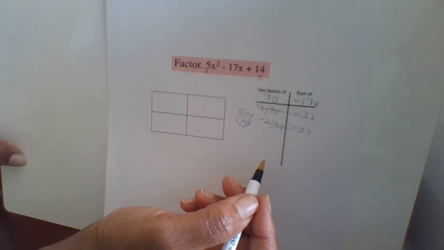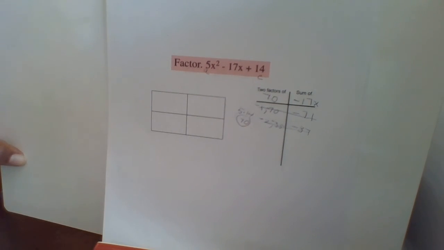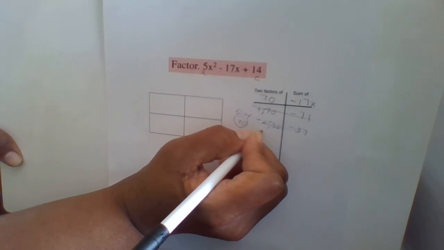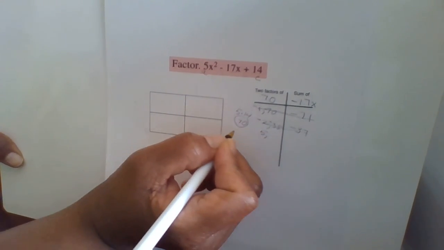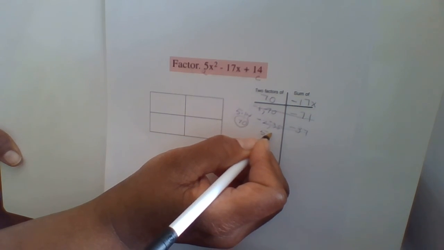3 and some number? No. 4. Can you divide 4 into 70 evenly? And that's what you want to ask yourself. What number times 4 will give me 70? Won't divide evenly. So you keep on going to the next one. 5 and what number? 5 and 14.